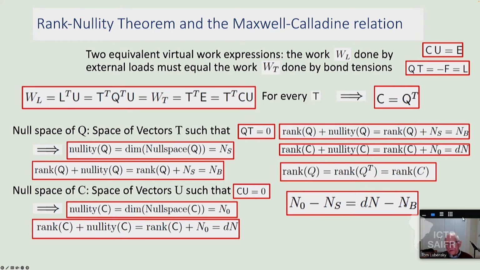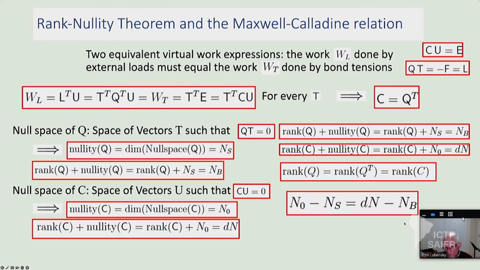But is it equal to 0 because the number of zero modes is 0, or because there are states of self-stress as well? That is not treated or acknowledged in the definition the physicists use. Is that clear? Yes. Okay. Thank you.